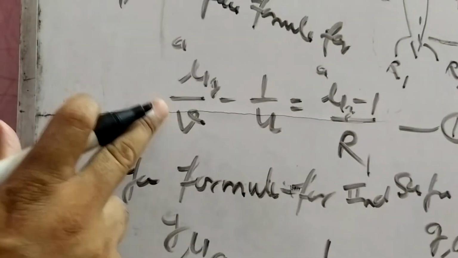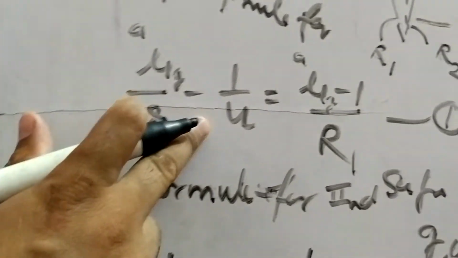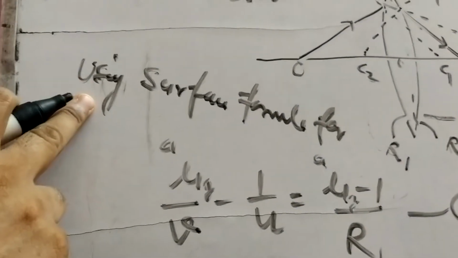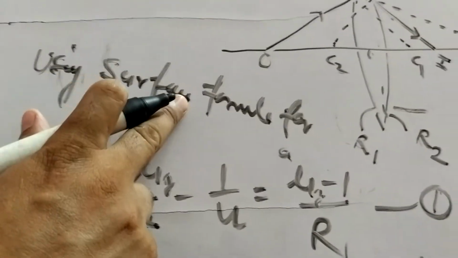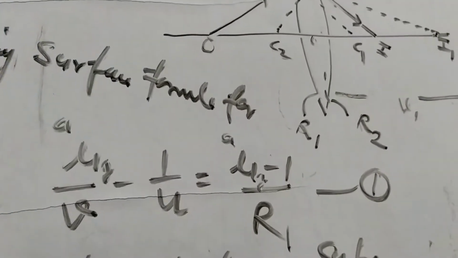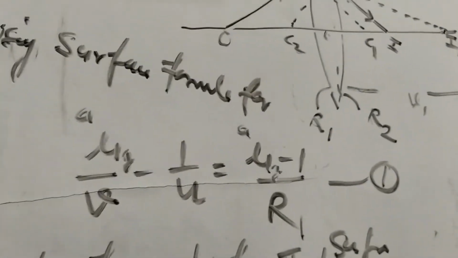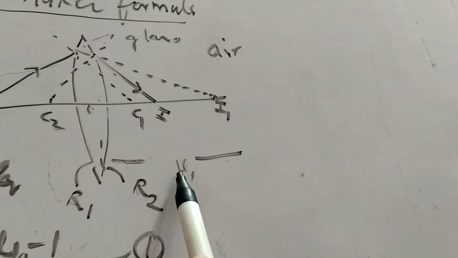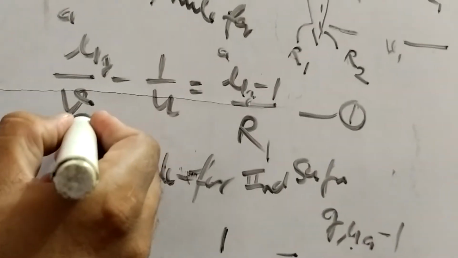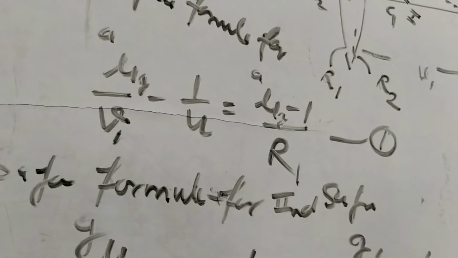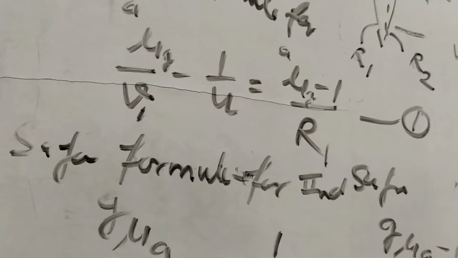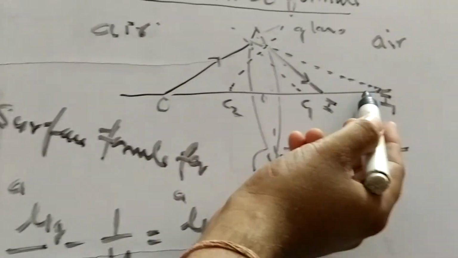But here, what is the V? Image formed by the second surface. Now we review this. Using the surface formula for the first surface, what is the image for the first surface? The image is I1 and this is at a distance V1, so we have to use V1 here. Now for the second surface, what is the object?